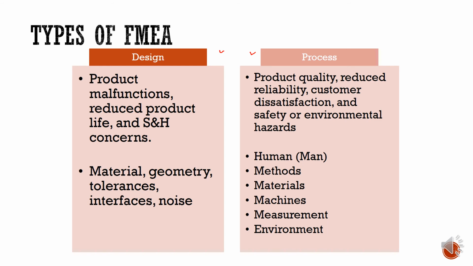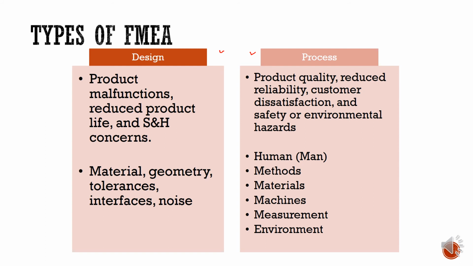The second type, process FMEA, will discover failures that impact product quality, failures that reduce product reliability, impact customer satisfaction, and also failures that can cause safety and environmental hazards.